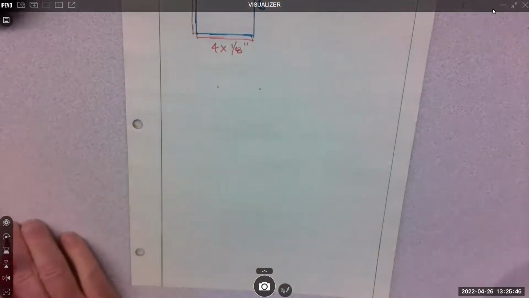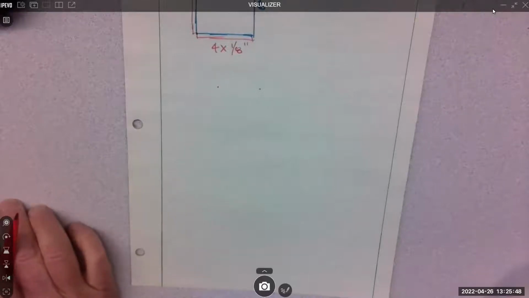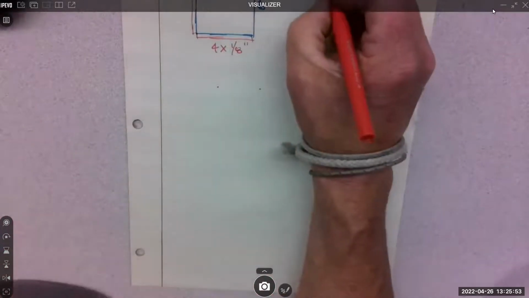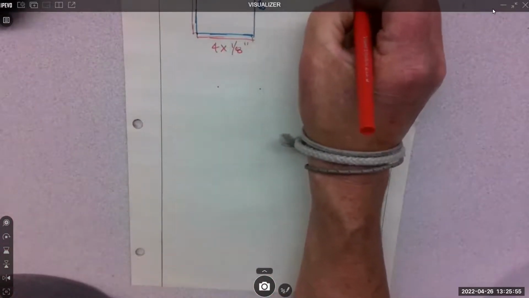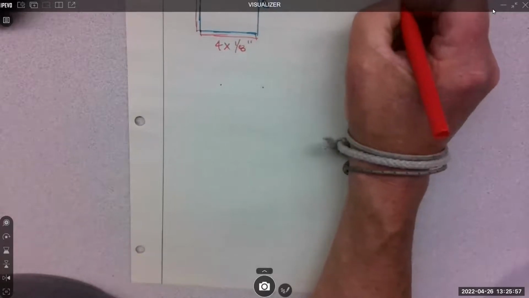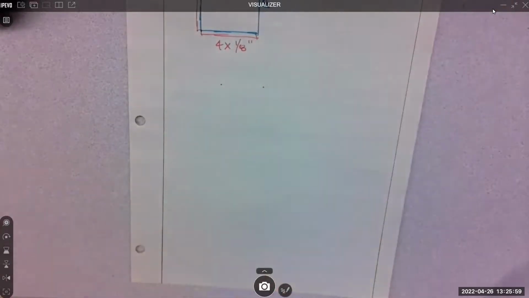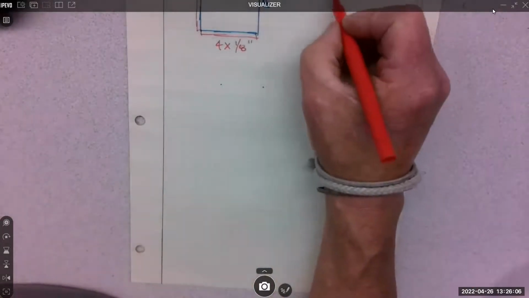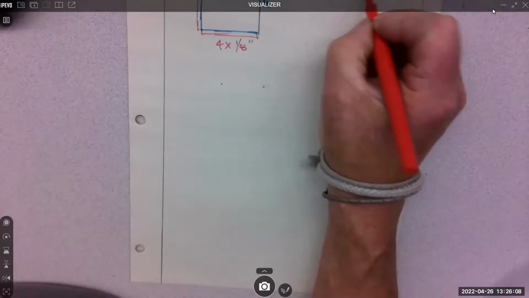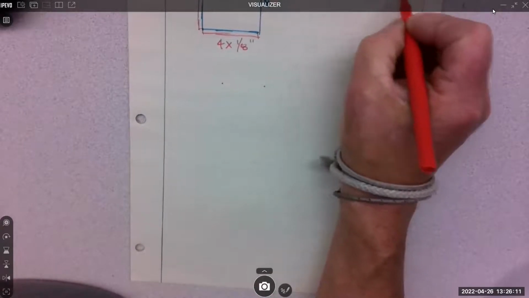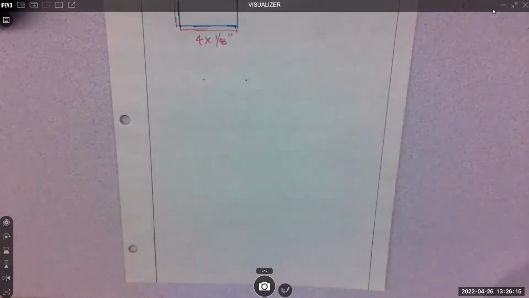Using nominal dimensions, calculate the maximum compressive load that the member can safely carry. The wood is southern pine. The allowable stress is 20,000 for the steel. So good, I think I got it all.